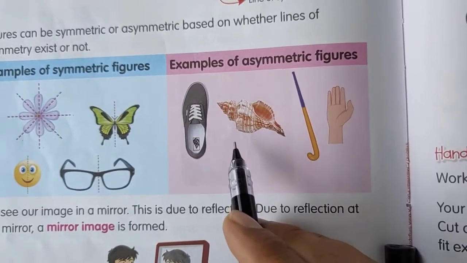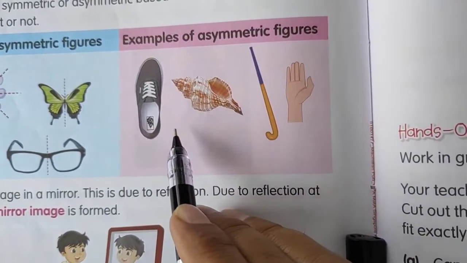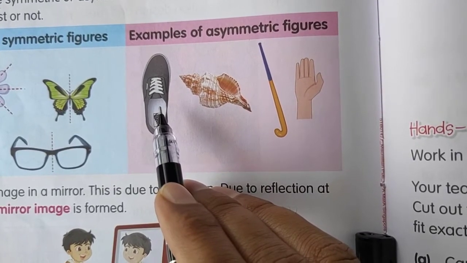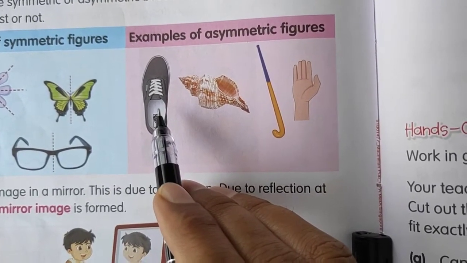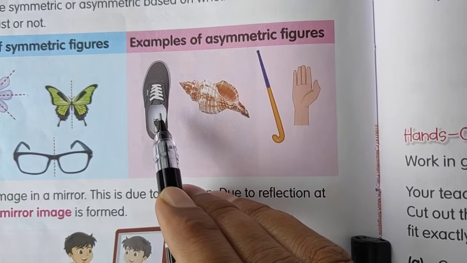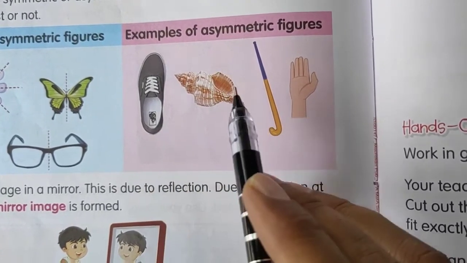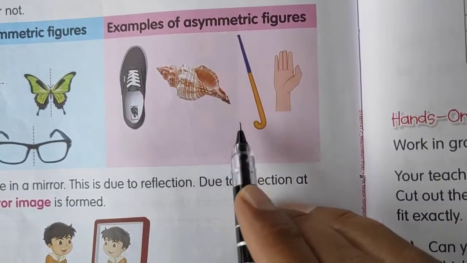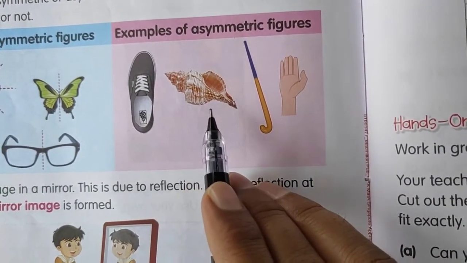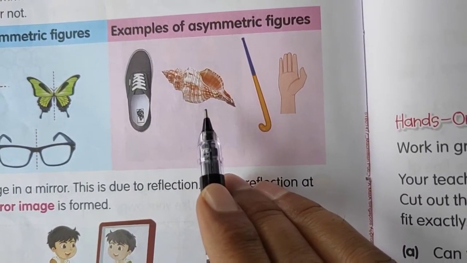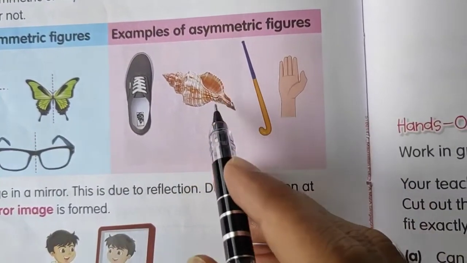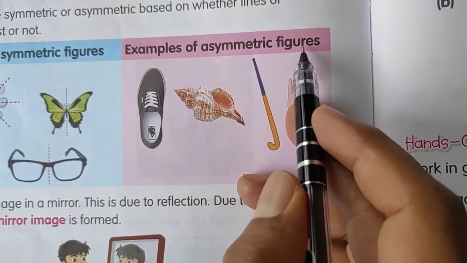But for some diagrams, it is not possible. We can't fold those figures or shapes where the left and right parts will exactly coincide. In such conditions where folding is not possible and the left part will not exactly match the right, what do we call such diagrams? Asymmetric figures.